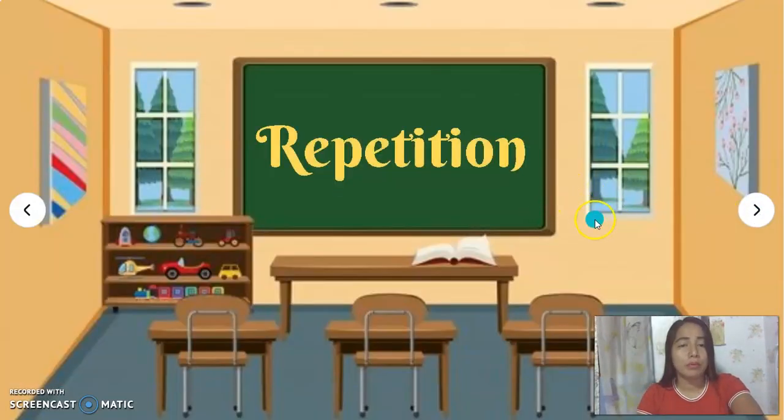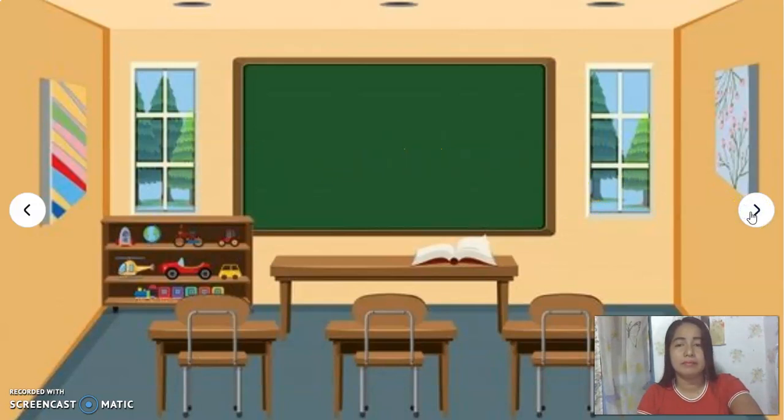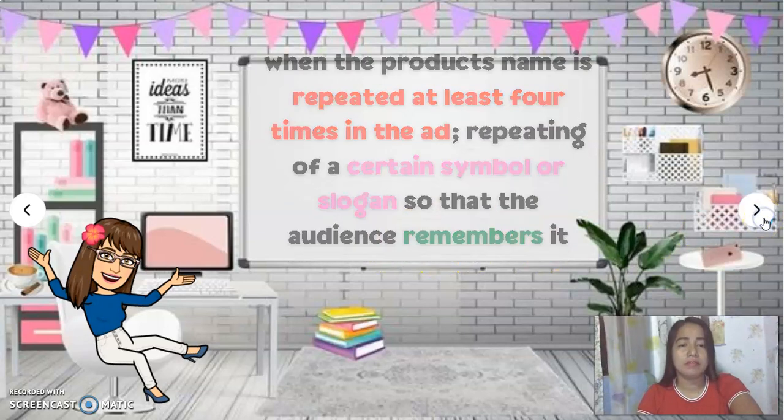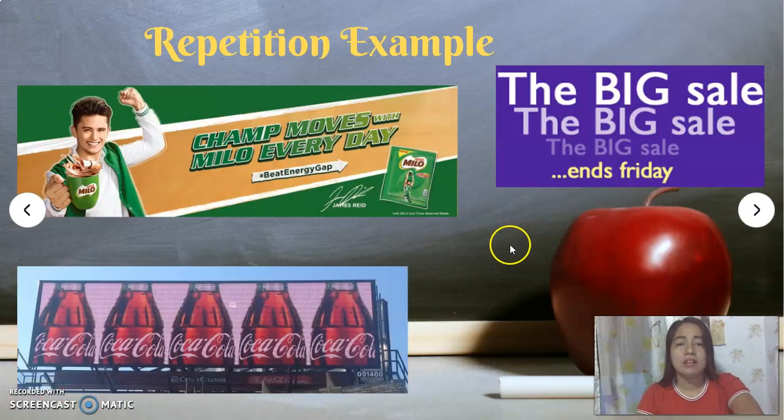Repetition, from the word itself, repeat. When the product's name is repeated at least 4 times in the ad, repeating a certain symbol or slogan so that the audience remembers it. Take a look at the given examples. Champ moves with Milo every day.